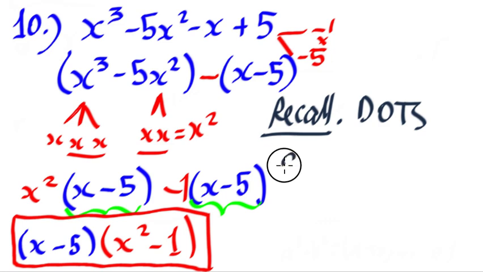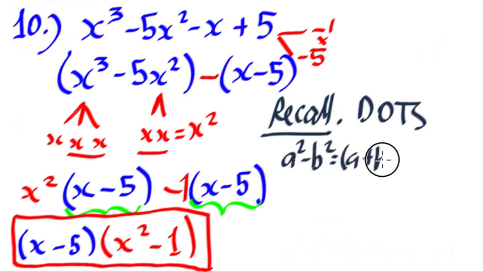It says that a squared minus b squared is a plus b times a minus b, and we can apply it here. This is our a squared and this is our b squared. Don't forget that 1 is a perfect square: 1 is equal to 1 times 1, so the square root of 1 is 1, unless it's negative, so that is imaginary.